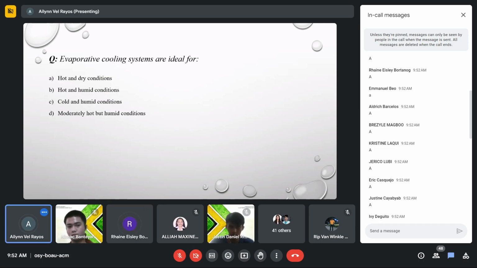Good morning. The evaporative cooling system is ideal for hot and dry conditions, since it was mentioned earlier that evaporative cooling is for reducing the temperature of a system, and to obtain cold water in summer you store water in earthen pots.